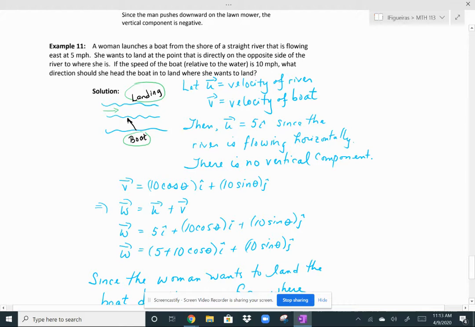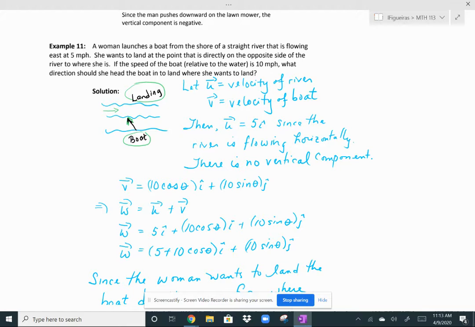So in order for her to land across, she can't start off going perpendicular to the river. She has to start off going at an angle away, going westward from where she wants to land because the river is going to be pushing her along.